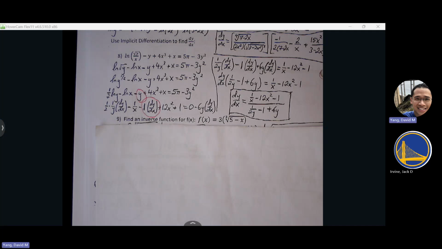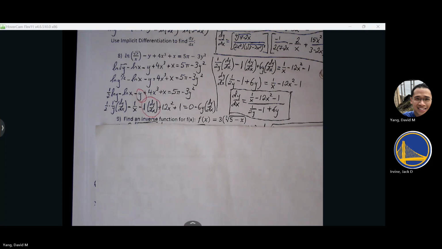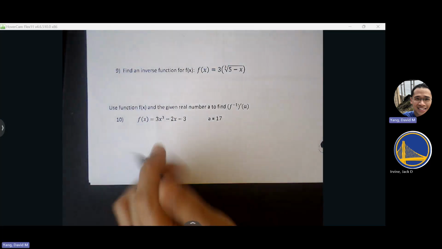Next one we're going to try is number 10. Number 10 is derivative of inverse at a point.